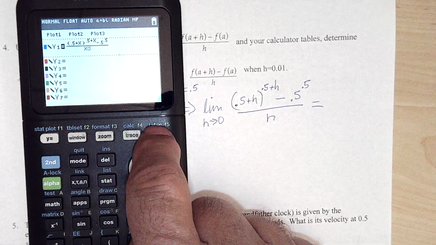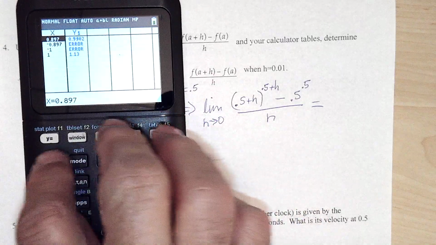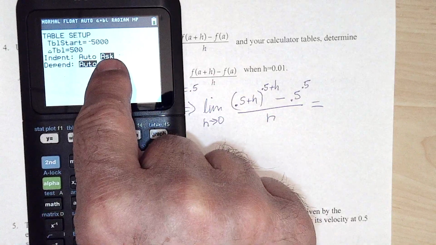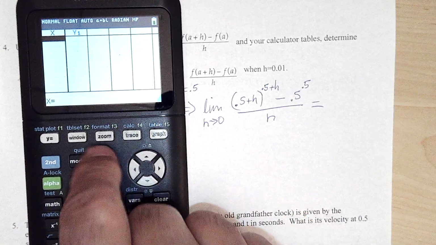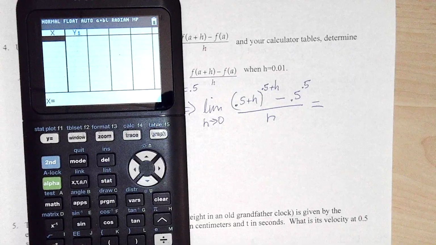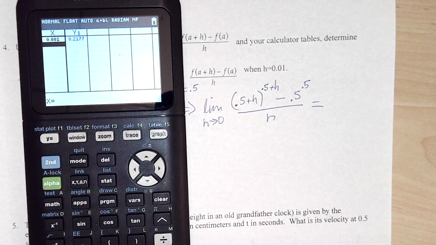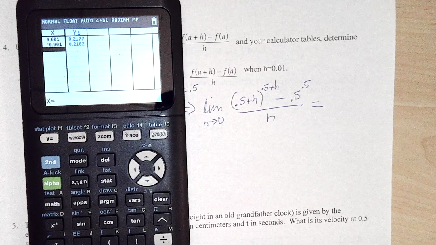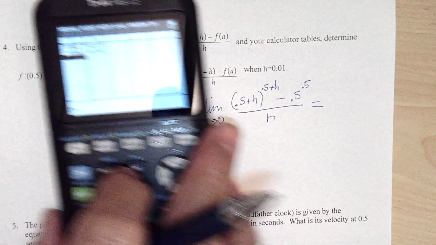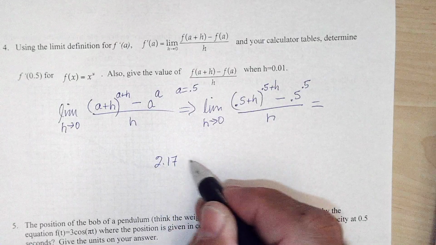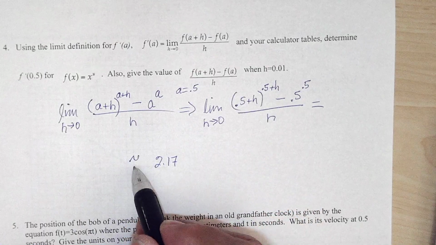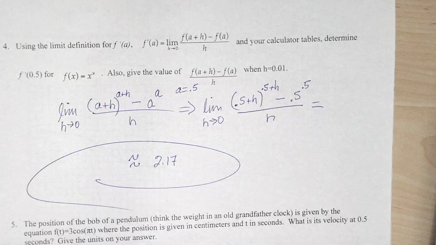And then I'm going to go to my table. I'm in ask on the table set, so I'm going to get rid of these, and I want to get h close to 0. And I'm getting about 2.1716, is what this works out to be.